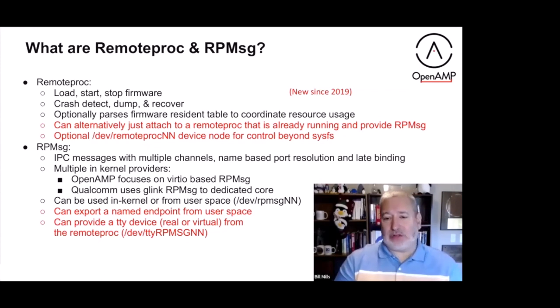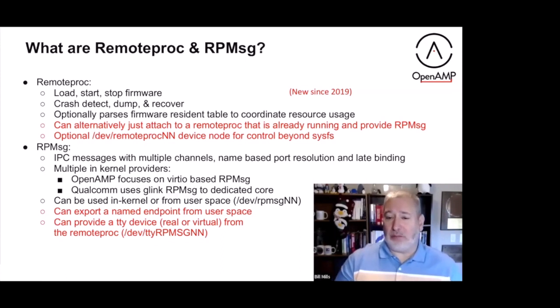A fairly new facility for upstream is the capability to have the remote processor already running when the Linux kernel starts. In this way, Linux figures this out and starts up RPMsg to the remote processor, but doesn't necessarily control the remote processor.